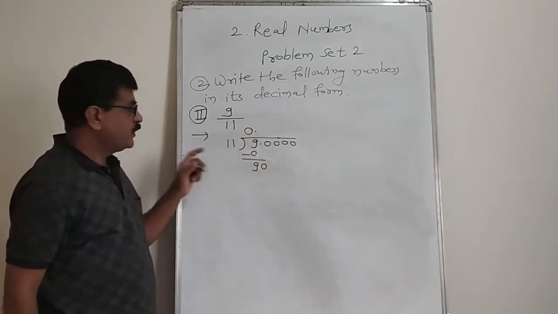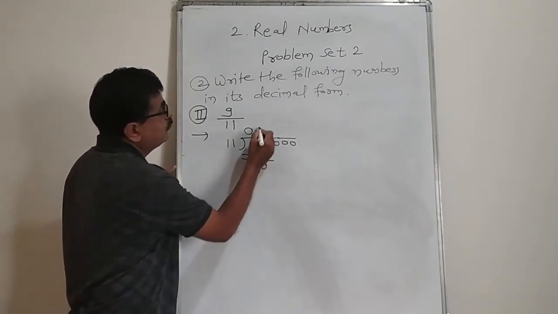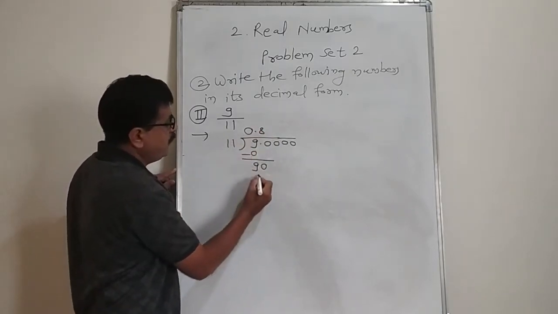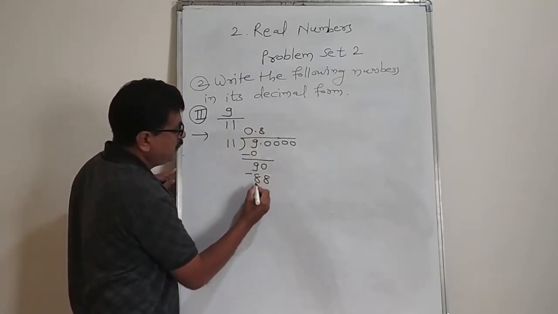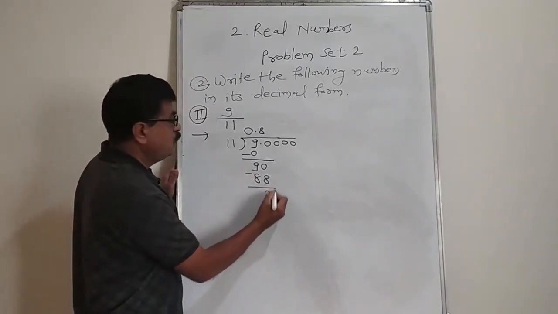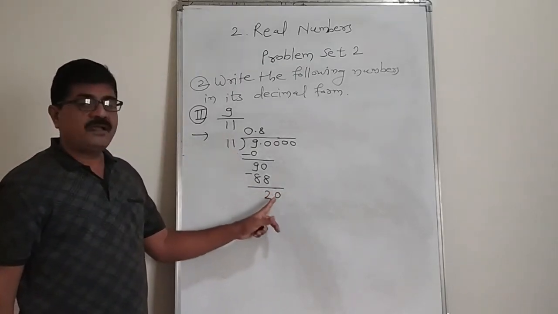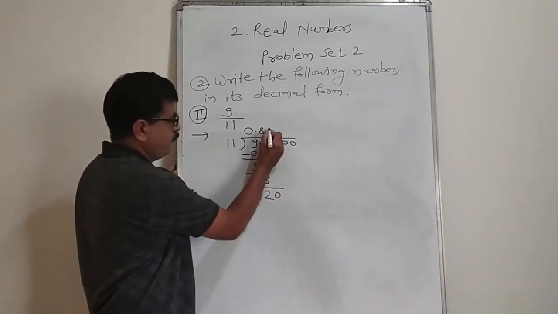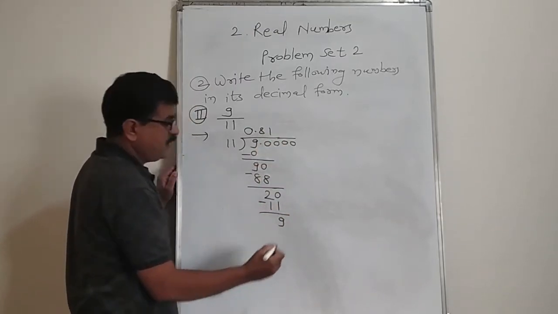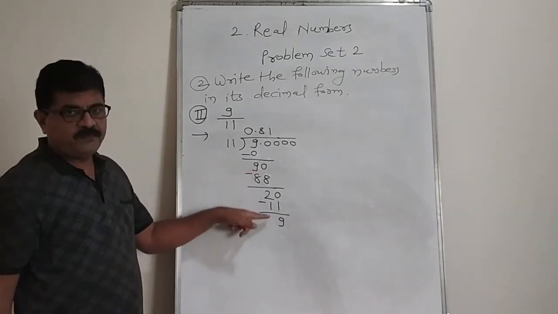Take first 0. 11 dividing into 90, 8. 11 into 8, 88, taking subtraction. 90 minus 88 becomes 2, taking another 0, 20. Now dividing by 11, 1, here we get 1, 20 minus 11 is 9. Now here we get this 9 again.